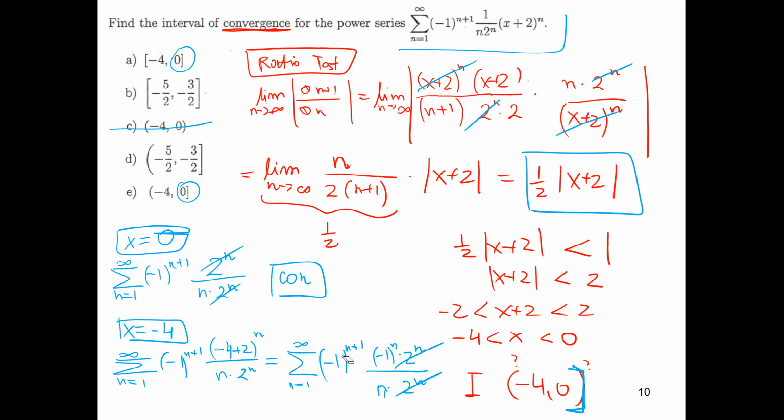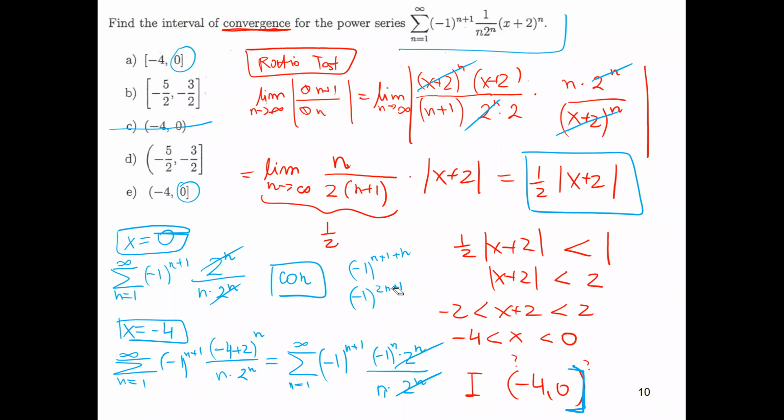If it's not alternating, it's just positive or negative, then the 1 over n harmonic series is divergent. So I have -1 to the n plus 1 and to the power of another n, which is -1 to the power of 2n plus 1.